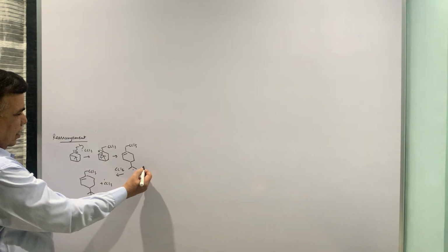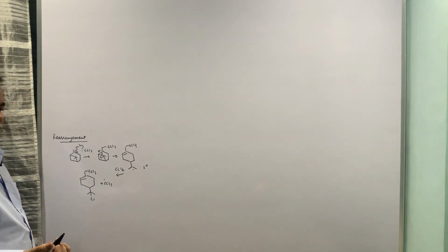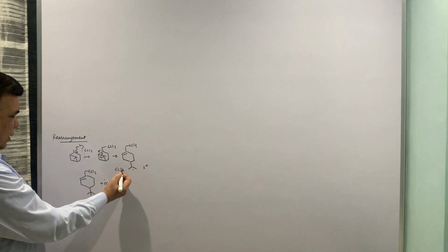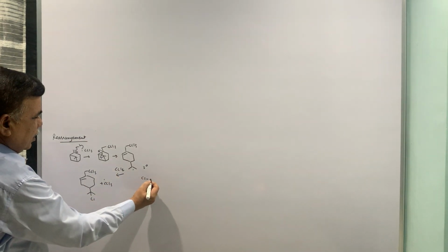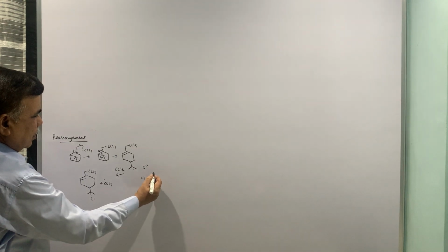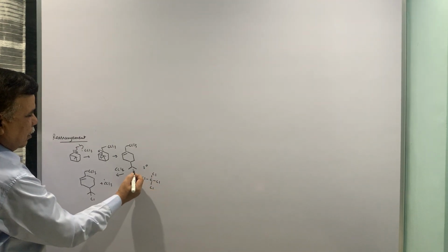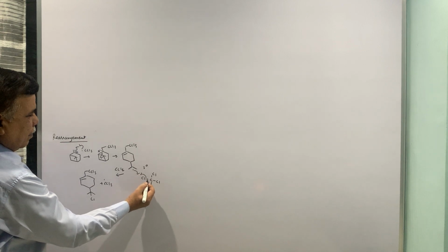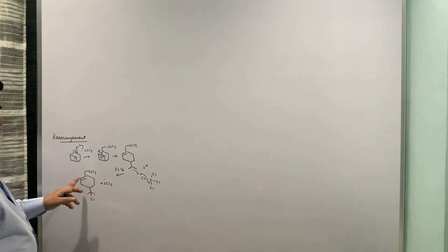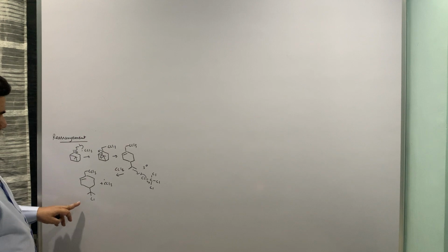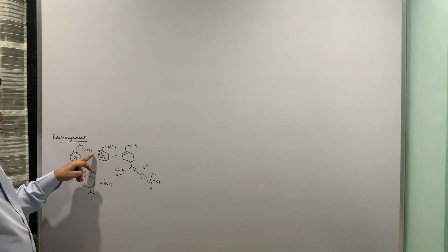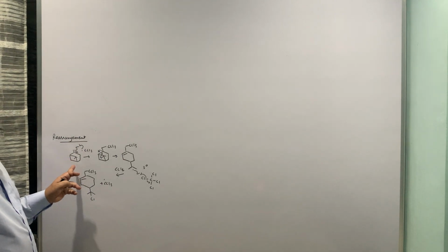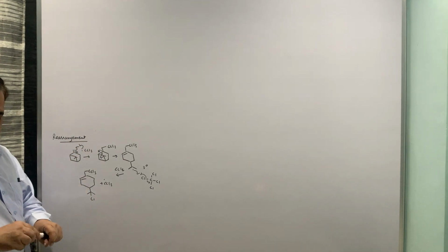Now this is a tertiary radical, so stability is not a problem, and then CCl4 provides the chlorine. So ultimately the chloride comes here and CCl3 goes off. That CCl3 can interact with another pinene molecule, and that is how the reaction goes on.